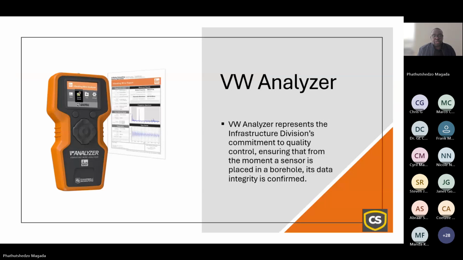And then this is a VW analyzer. The VW analyzer is a tool that we have to check the health of the sensors.